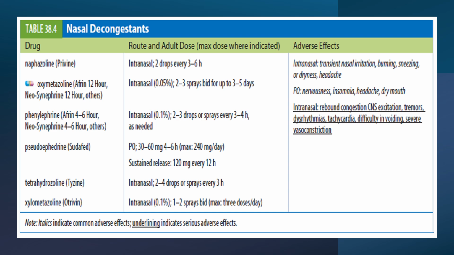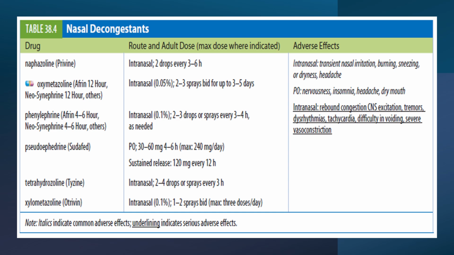Decongestants are drugs that relieve nasal congestion. They are administered by either the oral or intranasal routes and are often combined with antihistamines in the pharmacotherapy of allergies or the common cold.